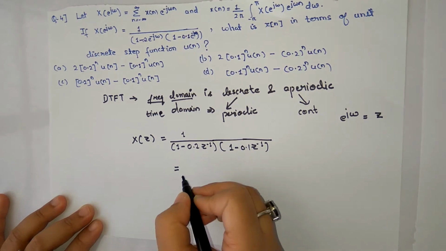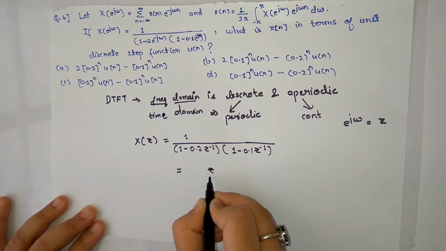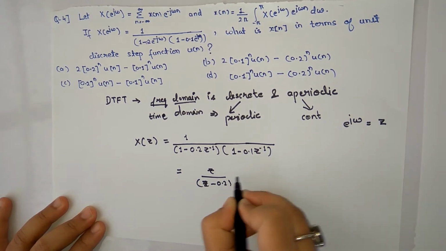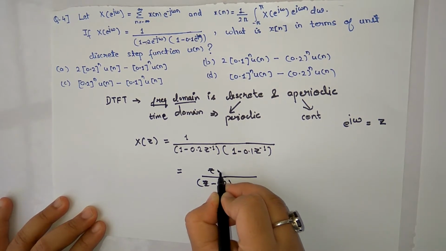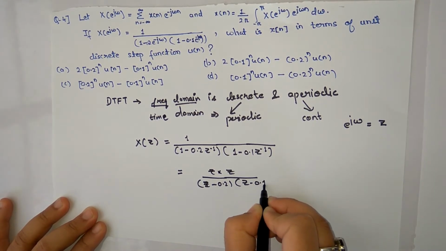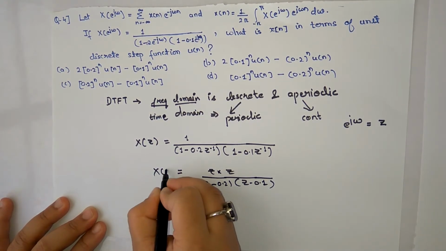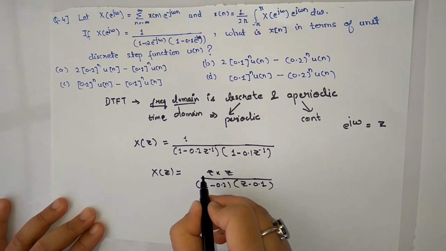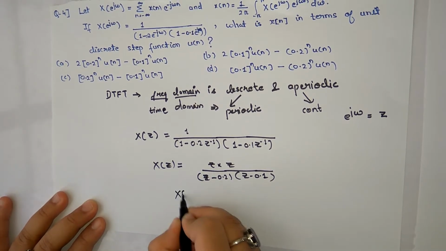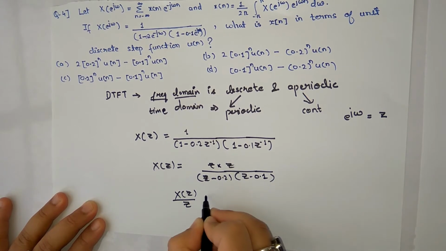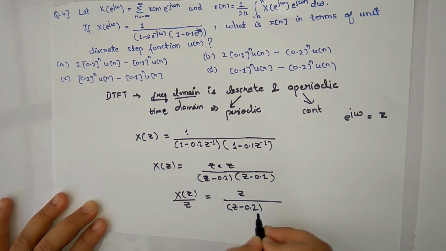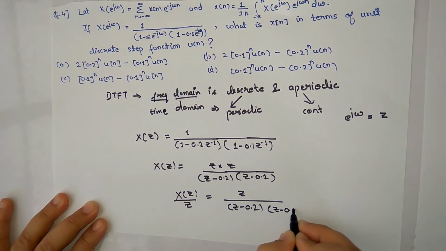This can be further written as z squared upon (z minus 0.2) into (z minus 0.1). It's always handy if we are taking one z towards X(z). So X(z) by z equals z upon (z minus 0.2) into (z minus 0.1).